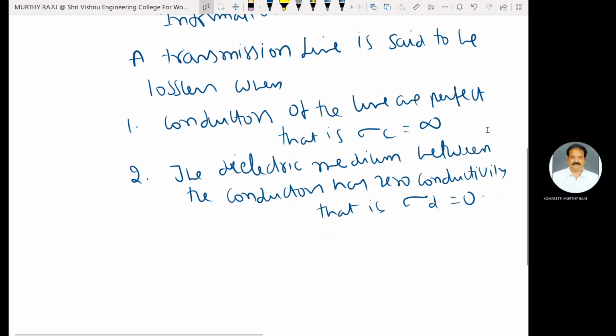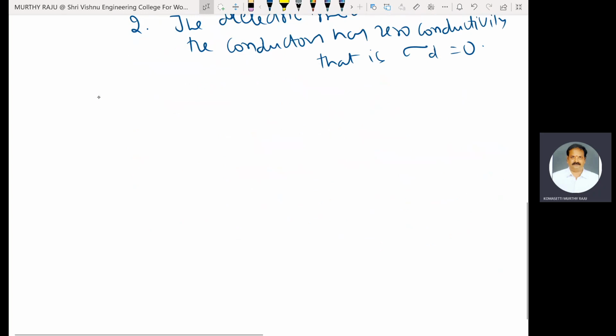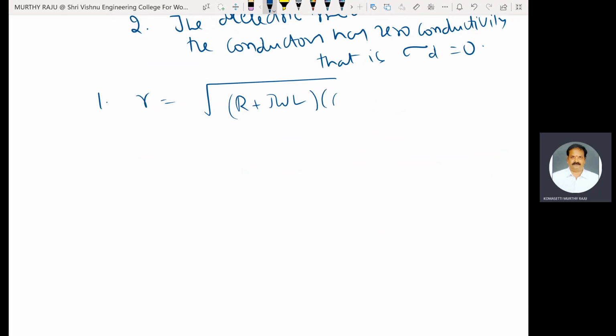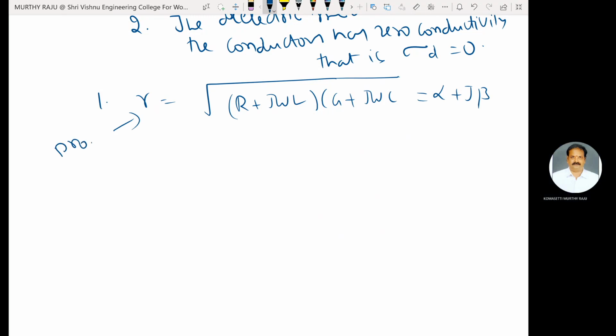First one: gamma is equal to square root of (R plus j omega L)(G plus j omega C), that is equal to alpha plus j beta, where gamma is called the propagation constant of the wave.